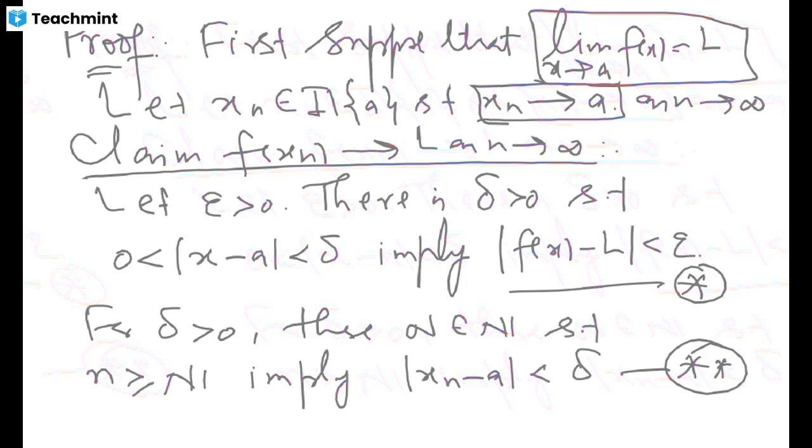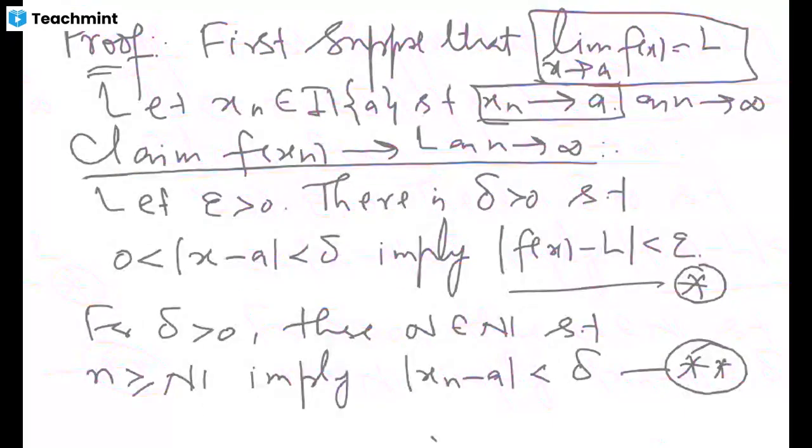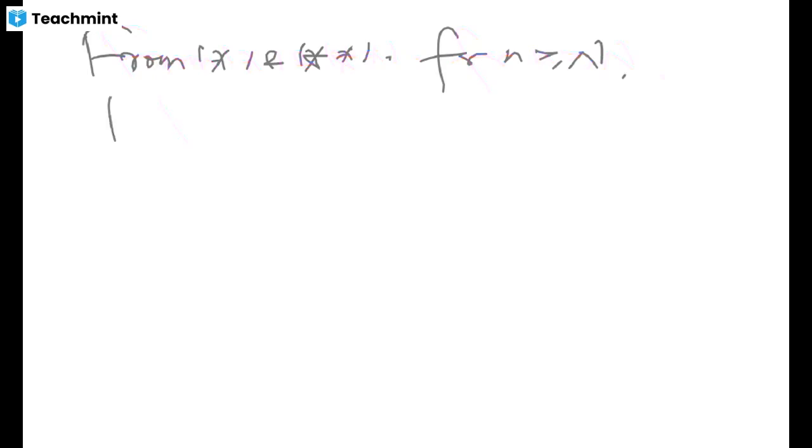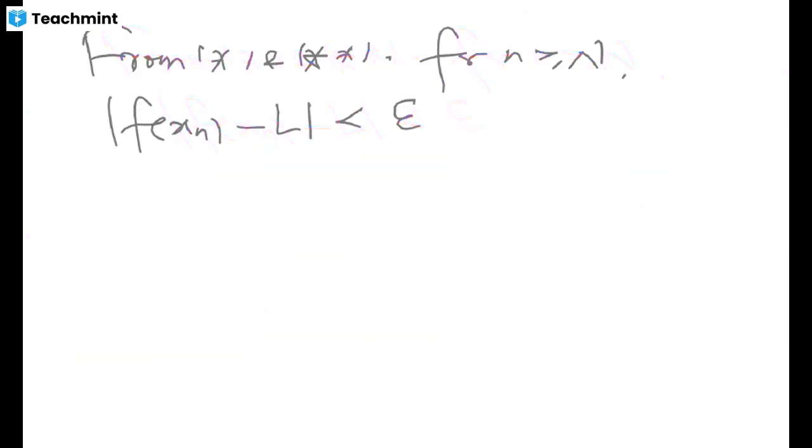So we can apply star to double star, and then we get, from star and double star, for the choice n greater than or equal to N, you will have |f of xn - L| less than epsilon when the distance of xn from a is less than delta, and this distance becomes less than delta when you choose n to be greater than or equal to capital N. So this will be less than epsilon.